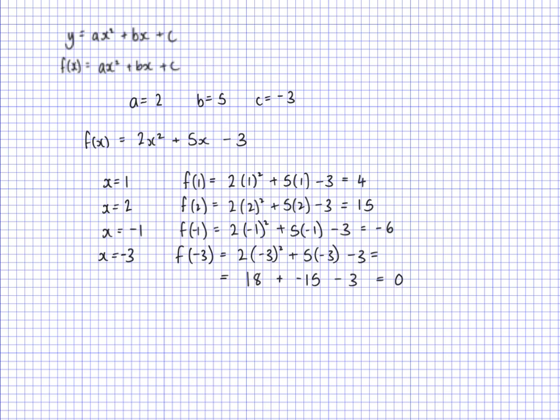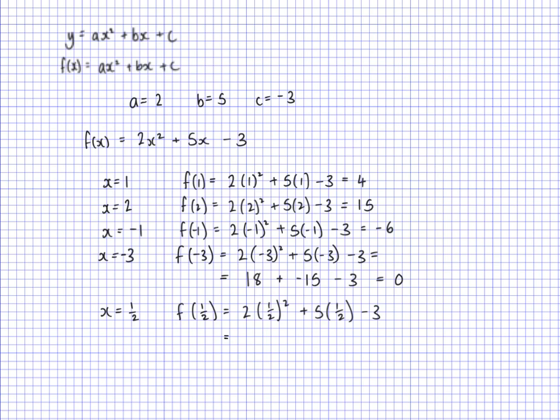I will show one more value. We could also have fractions as our inputs. So let's use a half. f of a half would be 2 times a half squared plus 5 times a half and take away 3. So here what I would have is half squared is a quarter. 2 times a quarter is a half.